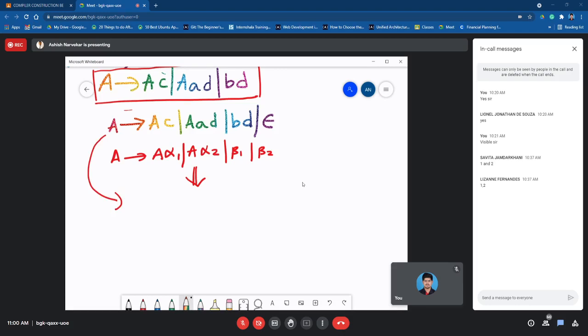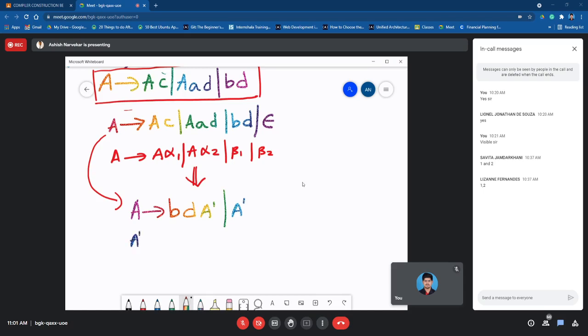We can rewrite this by removing the left recursion as A derives, where beta over here is BD, so BD A dash. The second beta over here is epsilon. So epsilon itself is empty. So we can either write epsilon A dash, or preferably not mention the epsilon over here, and instead directly write it as A dash, which is understood.